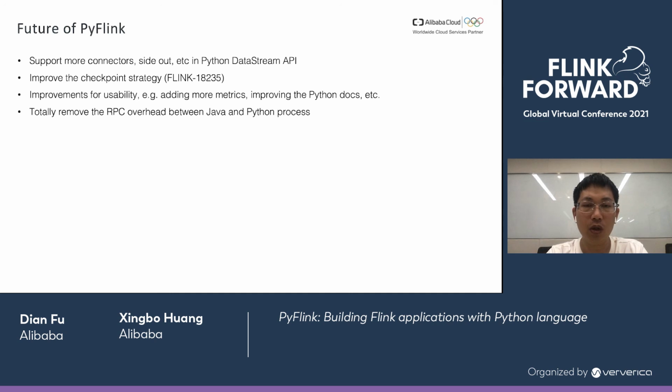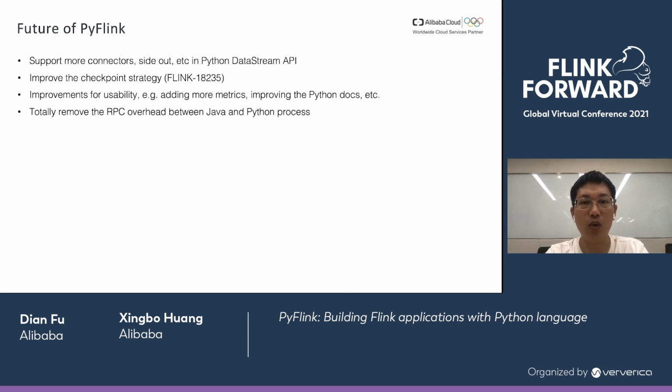Currently, only a few DataStream API connectors are supported, but it is supported to convert between the Python Table API and the Python DataStream API. So even when a connector is not yet supported in the Python DataStream API, users could work around this by creating a table first and then converting it to a DataStream. Nevertheless, it would still be great to provide built-in support for all the DataStream API connectors.